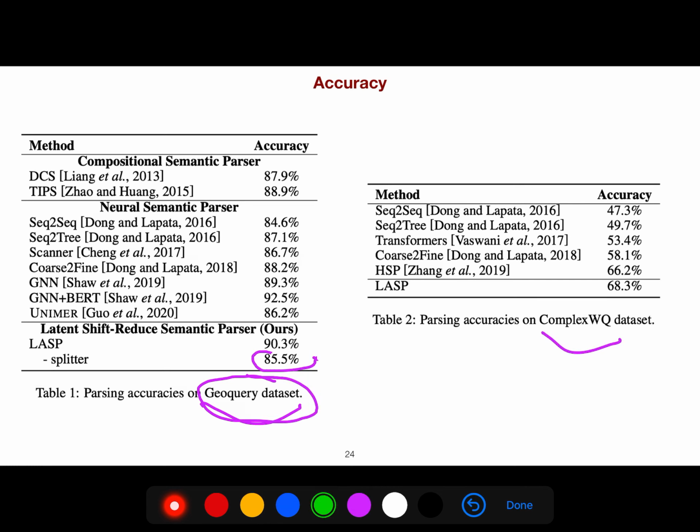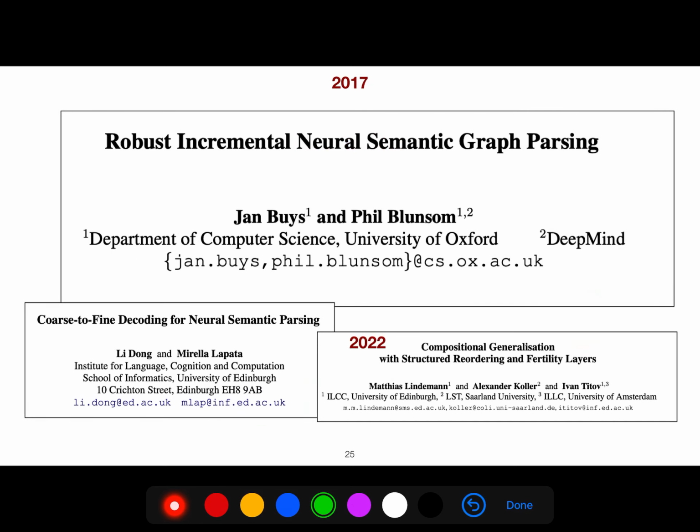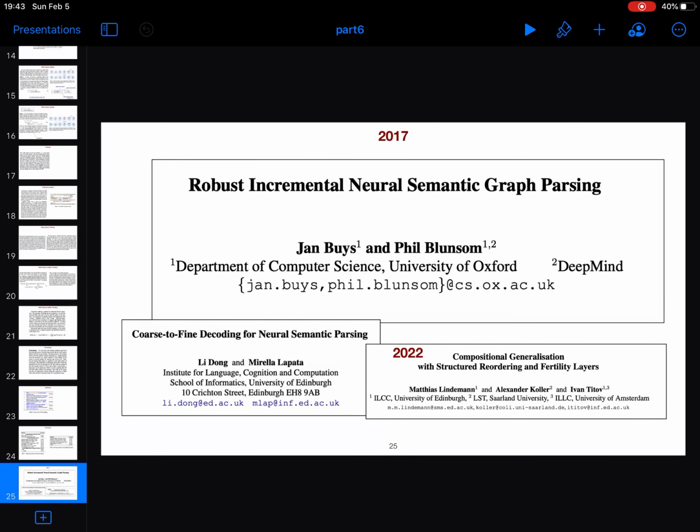So that's why here it has less accuracy. It has 68% accuracy in comparison to 85%. And there are other articles as well from very great people. And this article is also interesting, and that's it.